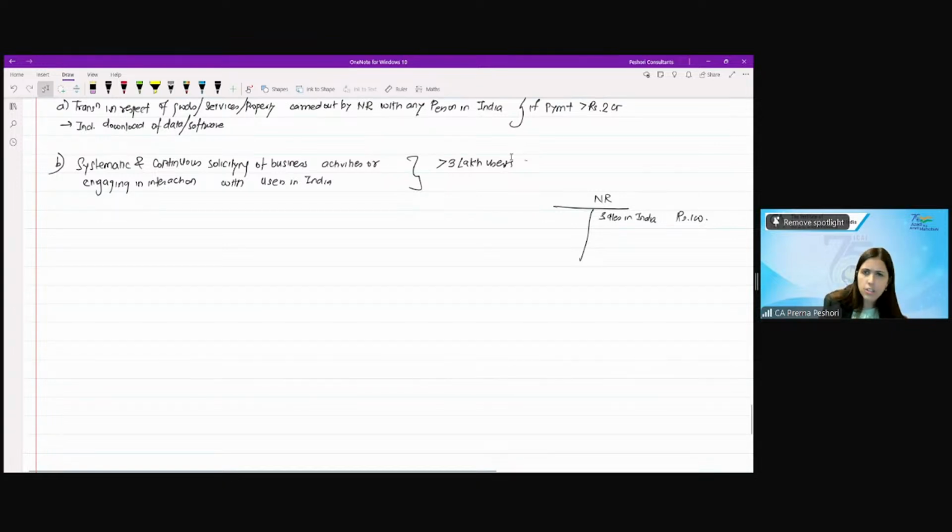Let's say there is no agent, but even if there is no agent, there can be still business connection, because business connection does not only mean that you have an agent. Business connection is a very wide term. As I said, it's not defined. So business connection is constituted only when you carry on the activities in India also, right? If you routinely do an organized activity in India, that will constitute business connection. Agent is just included in business connection, right? So let's say he is having the sales in India and he has a business connection constituted in India. Will you tax entire 100?